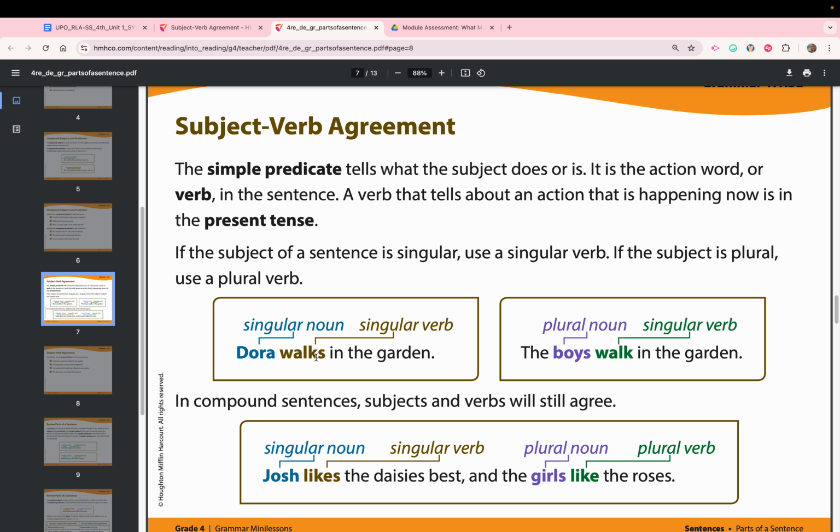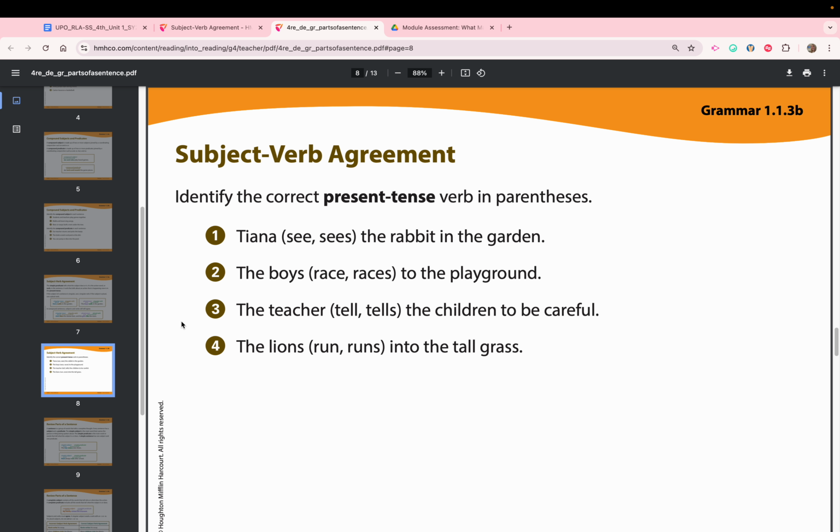So like Dora walks in the garden, the boys walk in the garden, like noticing where the S is in all of this. And then the part that we were going to do together was answering 1 through 4 on here. And look, so I could either have students work together to write each of these sentences and use the correct verb tense, the present tense verb, or I could have them do both.